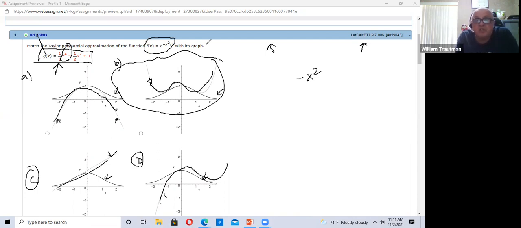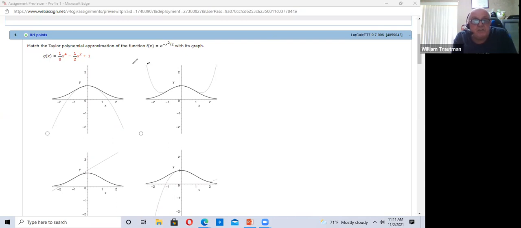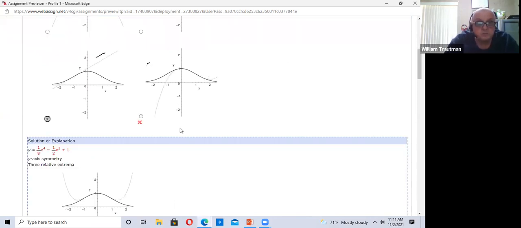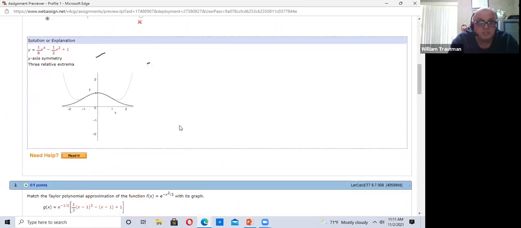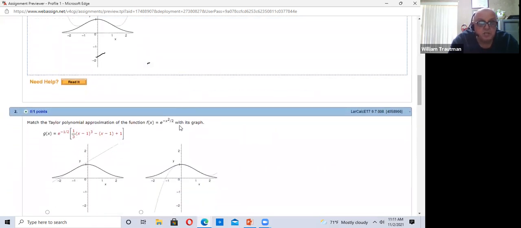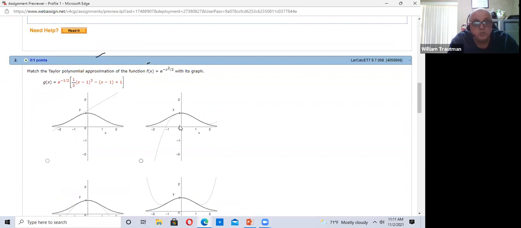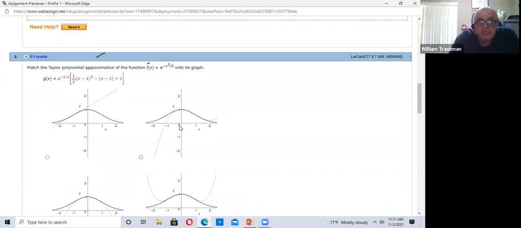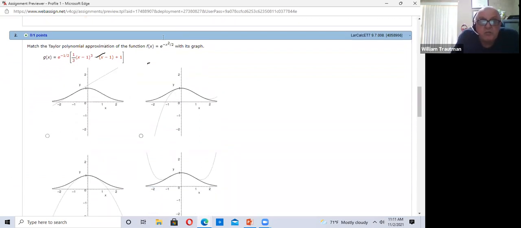You just have to look at the function and see which one matches up. This is just from algebra. So if we go to number 2, that's all you had to do, pick the correct one. This polynomial is an x to the 3rd.